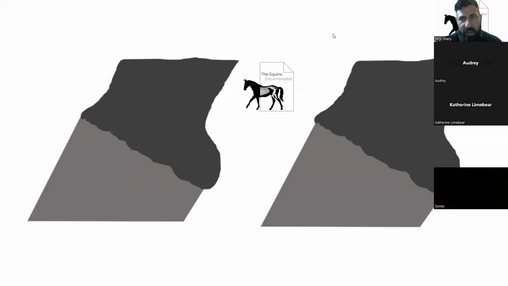The hoof on the right has a heel that is 5 degrees different, and its dorsal wall is just 5 degrees different from the one on the left. So this is 5 degrees. Well done if you did spot that.